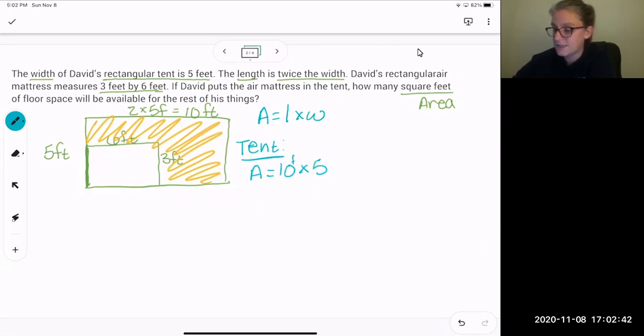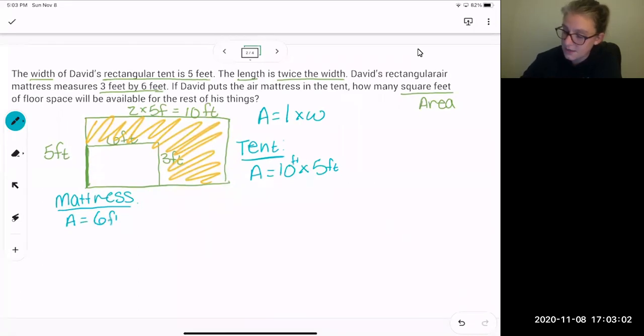Okay, 10 feet times 5 feet. Okay, so figure out what that is going to be. And then the area of the mattress is going to be 6 feet times 3 feet.